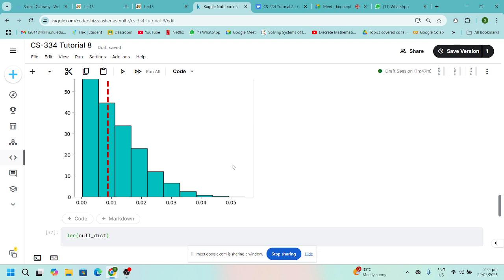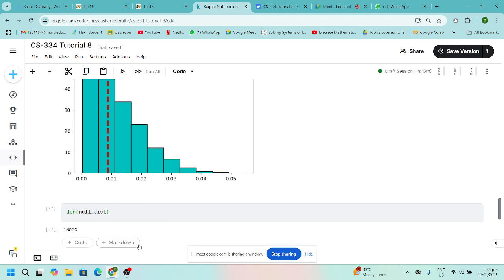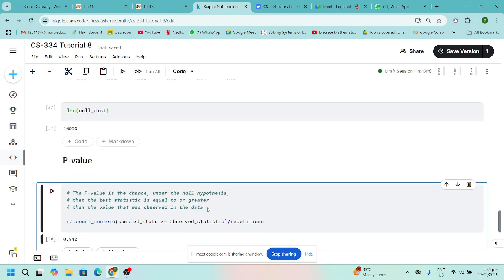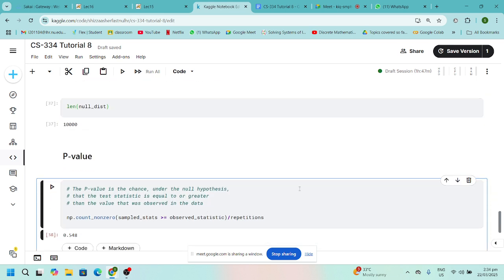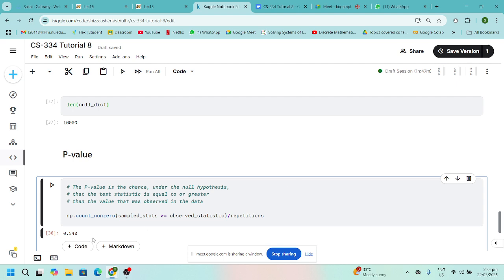If it's more than or equal to 10%, then I'm going to accept it. In this case, suppose if our significance level was 10 or 15 or even 5%, you would accept the null hypothesis. अगर आपकी p value उससे कम आती, then you would have failed to accept it.